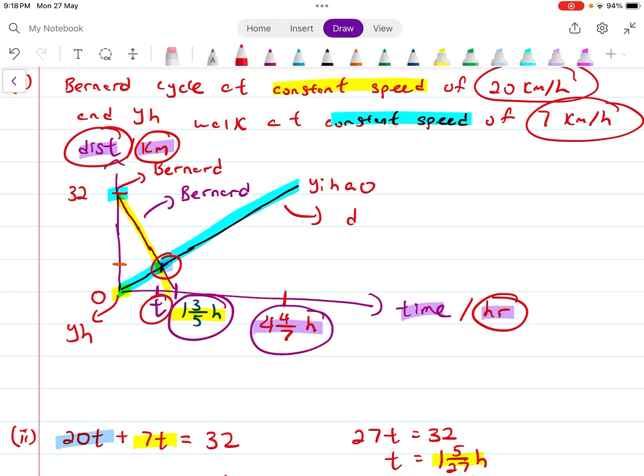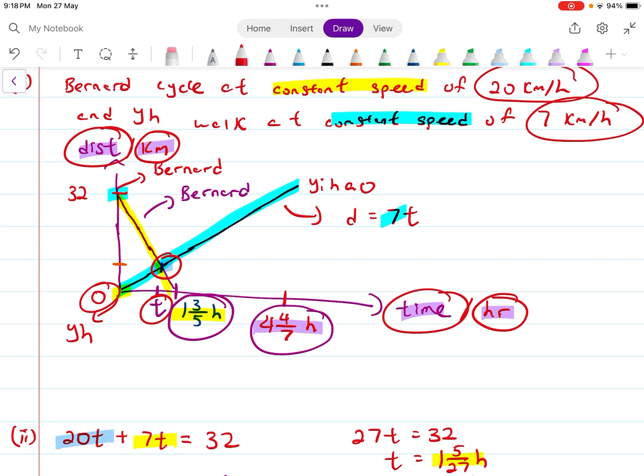Because the y-axis is d and the x-axis is t, d is equal to 7t. There shouldn't be any y-intercept because he starts off at 0. So this is the distance-time equation of Yi Hao, d equals 7t. Why is it 7? Because the gradient is 7.